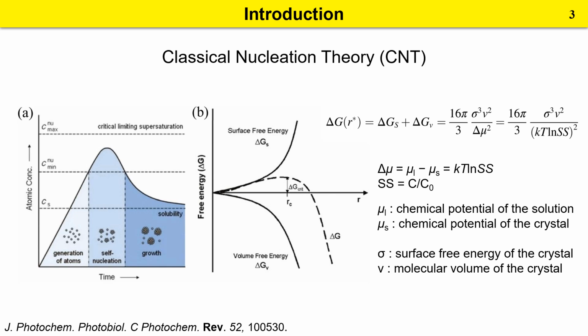Therefore, the production of high-quality crystals is critically dependent on how quickly the solution enters the metastable zone after nucleation. Another critical point in this CNT model is that the arrangement of the atoms or molecules in clusters formed during the formation of the critical nucleus is the same as that in the crystals formed afterward.